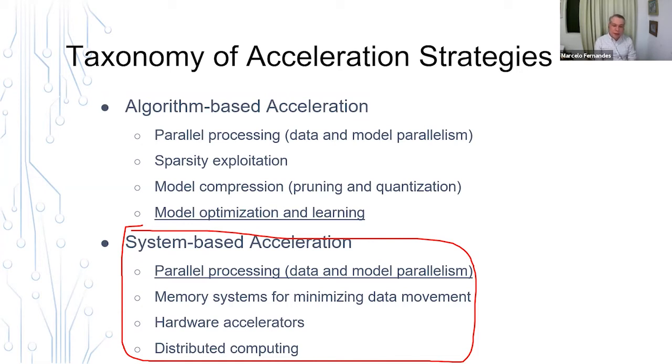Now, I'm going to talk about system-based acceleration. So we have parallel processing, data and model parallelism, memory systems minimizing data movement, hardware, and distributed computing.